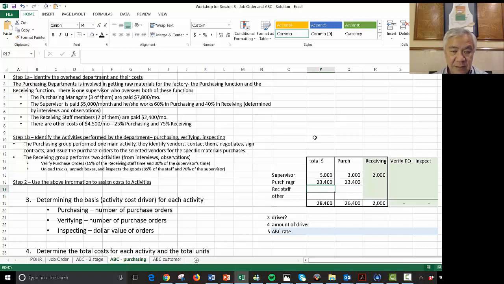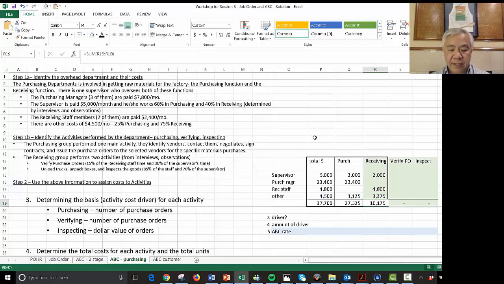And we have staff that does receiving, there are 2 of them, and they're paid $2,400 each. 2 times $2,400, and they are all in receiving. And then there are other costs, which are $4,500, and those are 25% in purchasing and 75% in receiving.